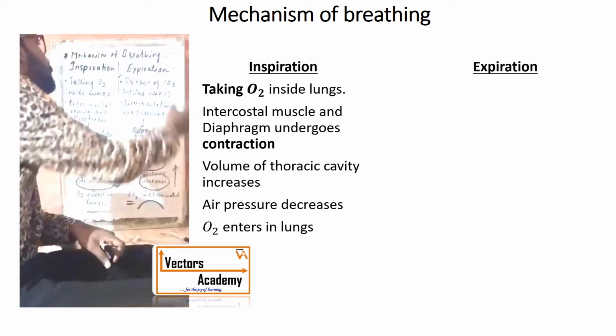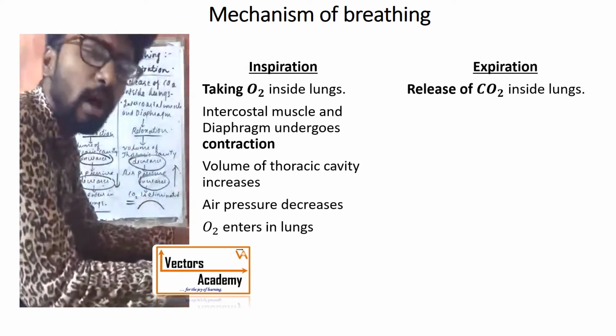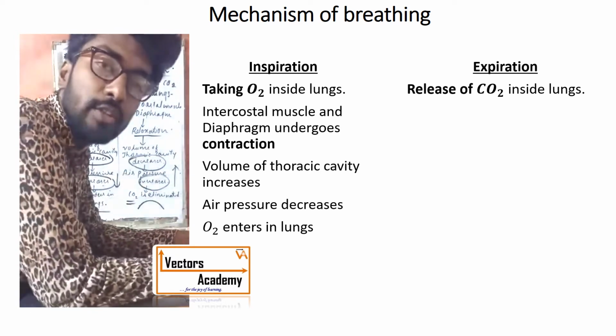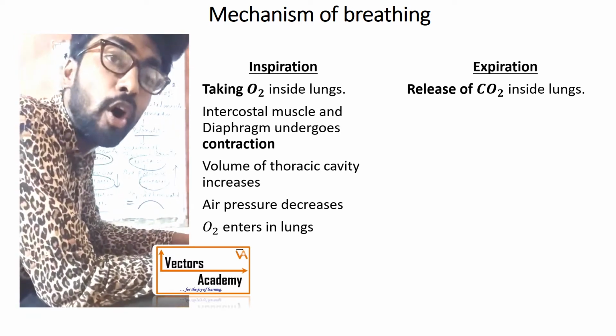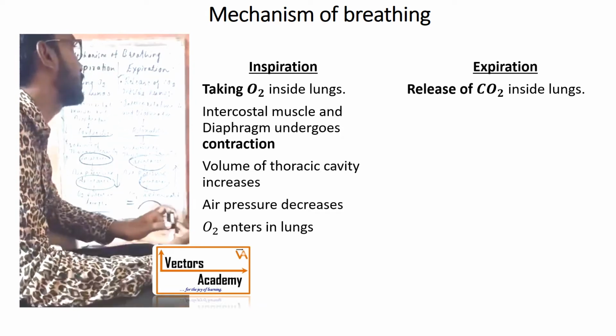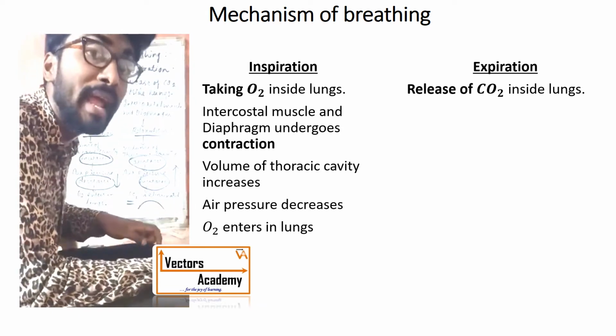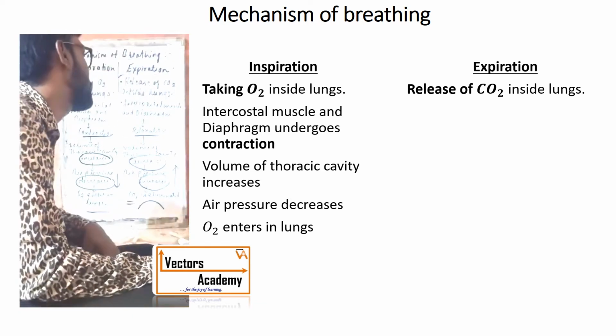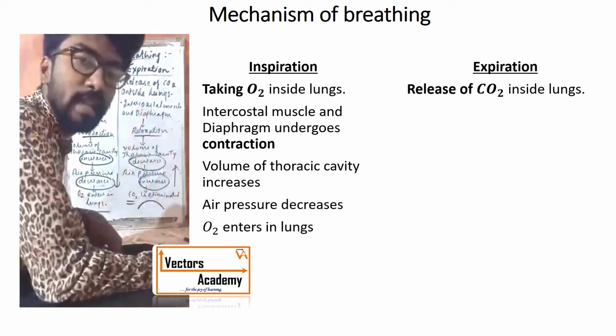Now the second step, that is called expiration, just opposite of it, right? Vice versa. Expiration, the process which involves exit or removal of carbon dioxide from the lung, is called expiration or exhalation, and it is the second step in the mechanism of breathing. Now what happens in expiration?